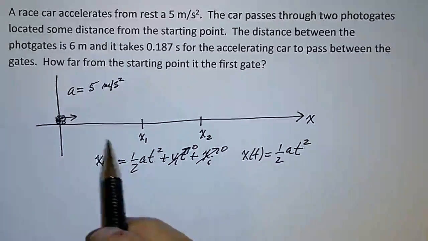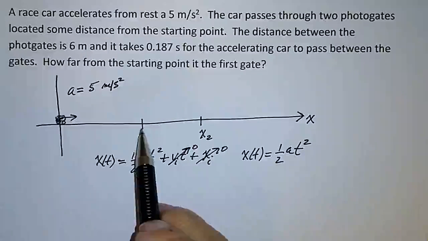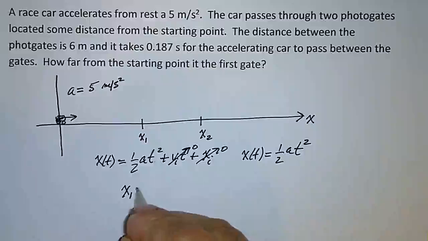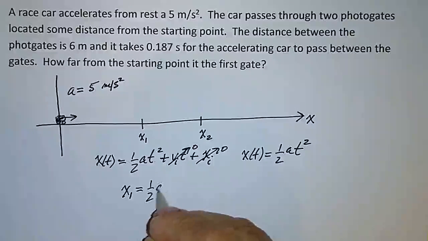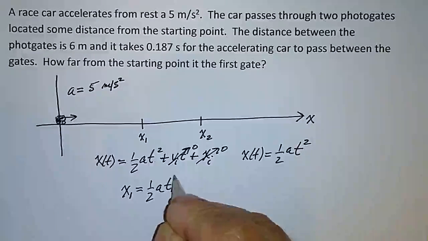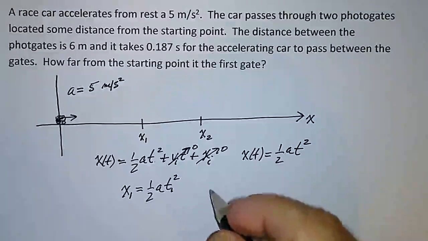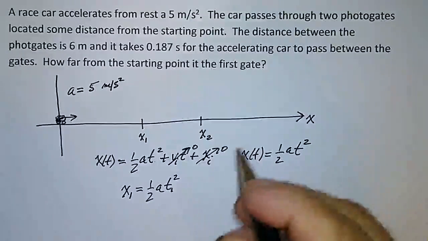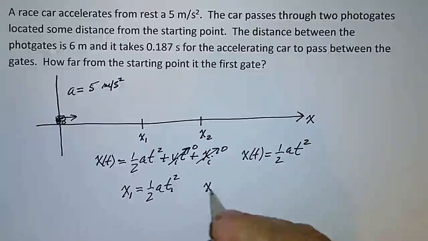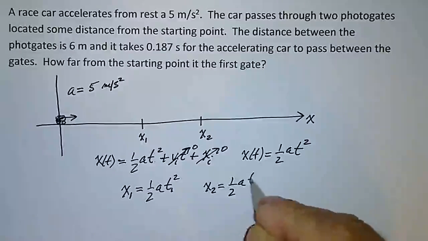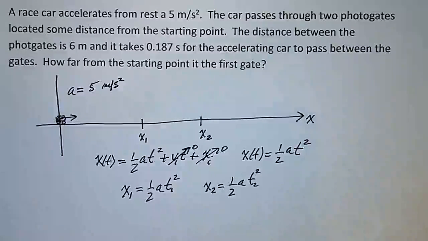So if we want to find out how far it is from the origin to x1, then we can write the equation x1 is equal to 1/2 a times t1 squared. But we also know that it arrives at x2. In this equation, x2 is equal to 1/2 a times t2 squared.